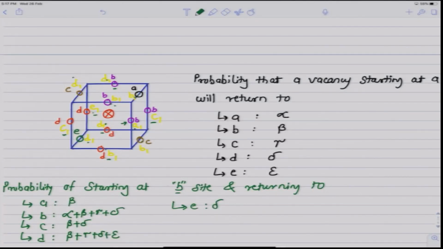And if we want to be more accurate in calculating the correlation factor, we need to know these probabilities. Now, once we know these probabilities, we can find the correlation factor more accurately, and there we will need to convert from one starting position of the vacancy to another starting position based upon the knowledge of one set of probabilities. Okay. So, there this would be useful.